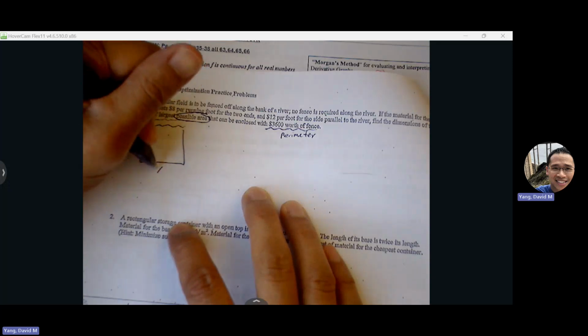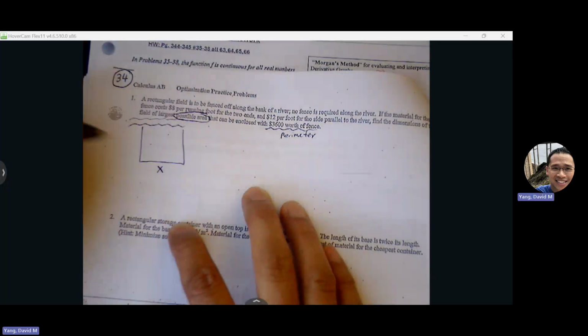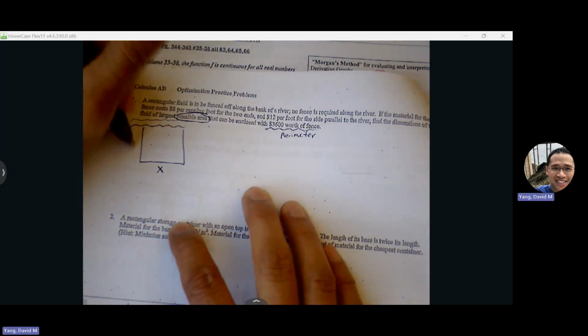Okay, so I'm going to use X for my horizontal side, and then for my vertical side, I'll call them Y. The one that's parallel to the river is going to be the one that's more expensive, $12, and it's going to be $8 per foot.